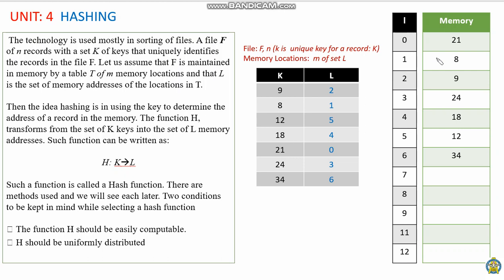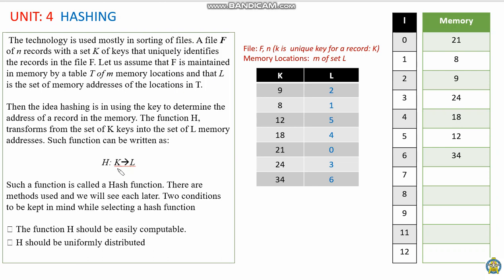Just for the time being, this is your memory space, and these are the memory locations, each identified by L, the set of locations, with numeric values 0, 1, 2, 3, and we have values that get mapped or hashed to a particular location. So that is what hashing is. This should be able to explain it. This is in fact one of the hashing methods we will see next. So hashing is nothing but the process of transforming the set of k values into the memory location L.